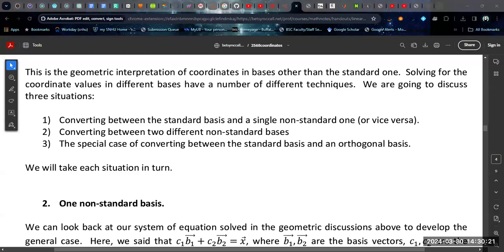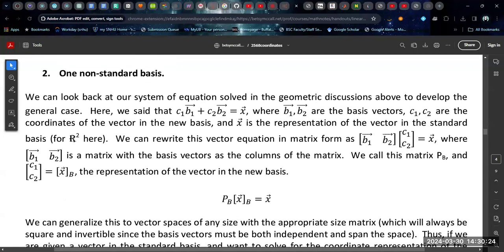Now, in our first example, we're going to again look for a more efficient way of calculating the coordinates for converting between the standard basis vector and one non-standard basis. Now, essentially, if we set up our matrix equation as we had before, where B1 and B2 are the basis vectors and C1 and C2 are the coordinates, then we can write a matrix that has B1 and B2 as the columns, in this case in R2.